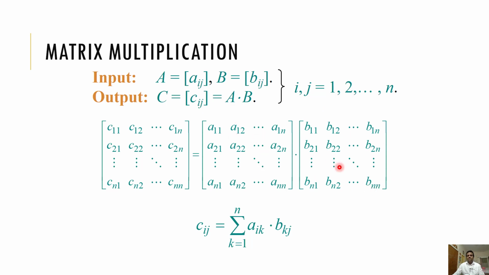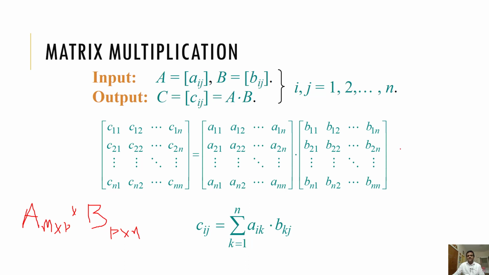Here we are taking the two matrix sizes as the same, but multiplication could be on general matrices. A could be m by P, and B could be P by N. Then we can also do the matrix multiplication.